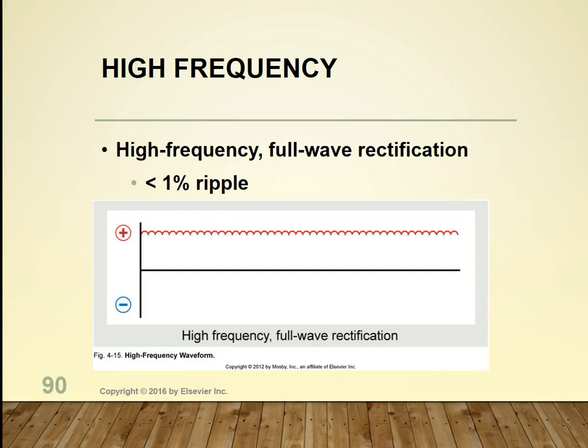Okay, so translating into what can actually happen, the next evolution to improve this is the use of high-frequency generators, and this is the statement you need to know. With high-frequency, full-wave rectification, you have less than 1% ripple. So the standard 60 Hertz incoming power is fully rectified, sent through a capacitor bank, and it smooths it out, and then it chops that DC waveform and converts it to high frequency alternating.